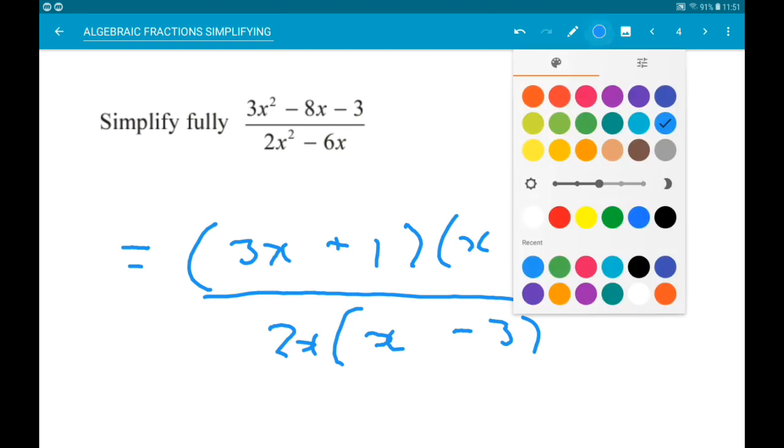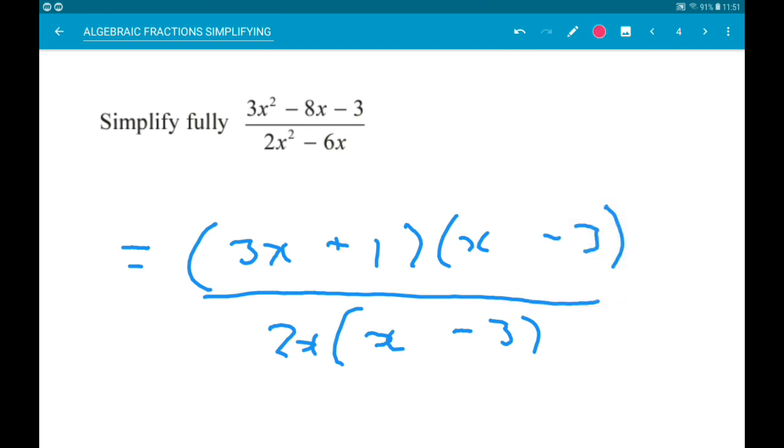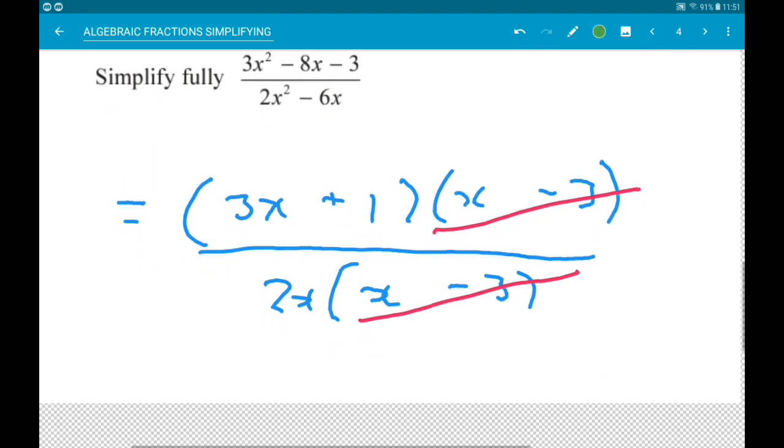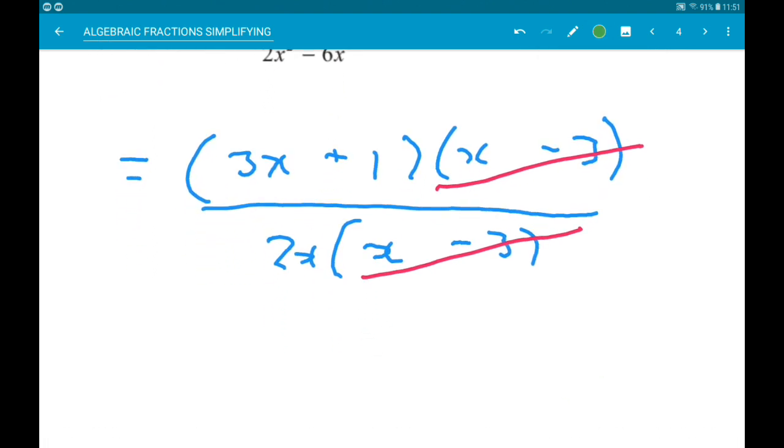So, we have a common factor of x minus 3, so there you go, bye-bye, and we get left with 3x add 1 over 2x, and that's it, nothing else we can do.